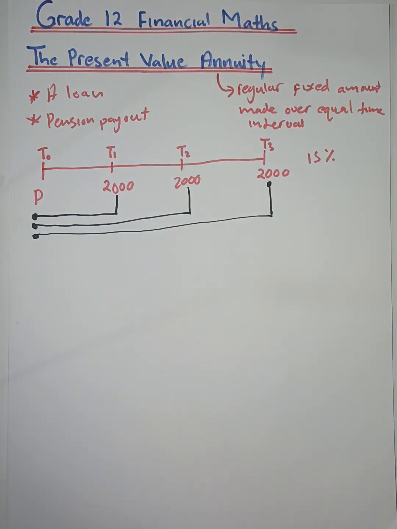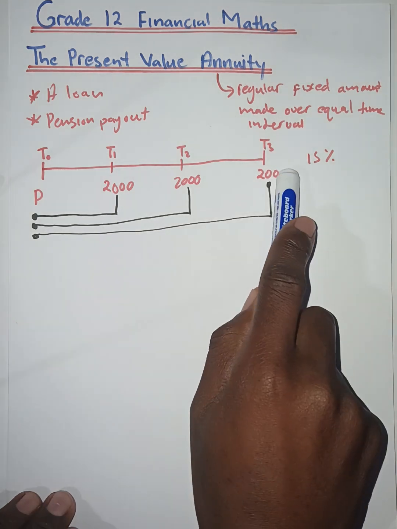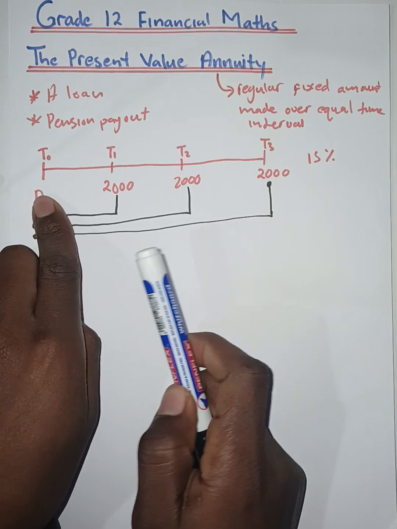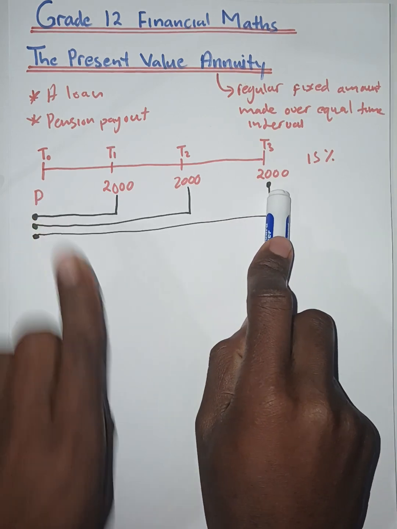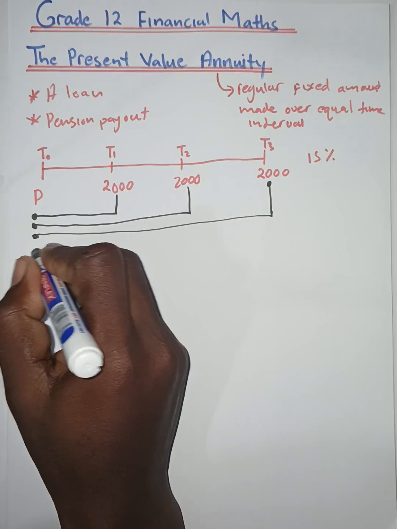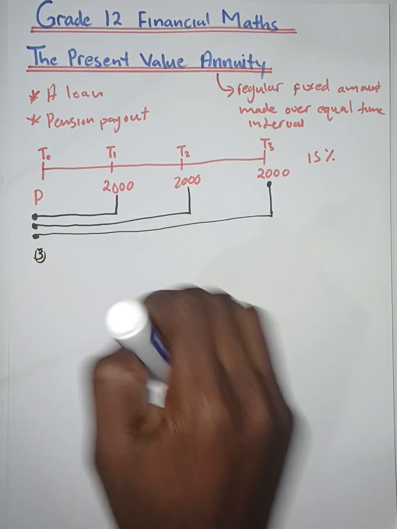It's not really that important, but the reason I'm doing it is that I'm trying to lead you somewhere. I'm going to pretend that I invested a certain amount of money at T0, and then at the end I get 2,000. So that's for the amount at T3.